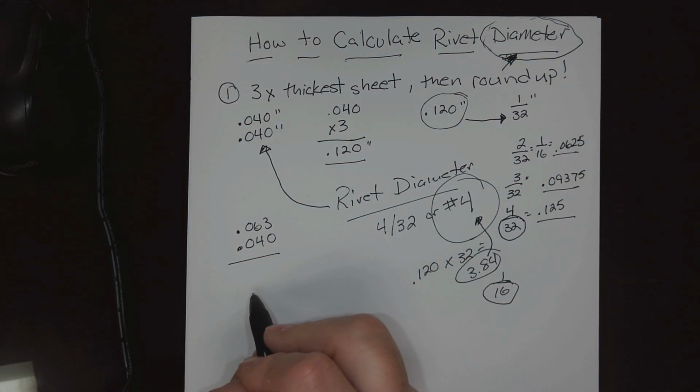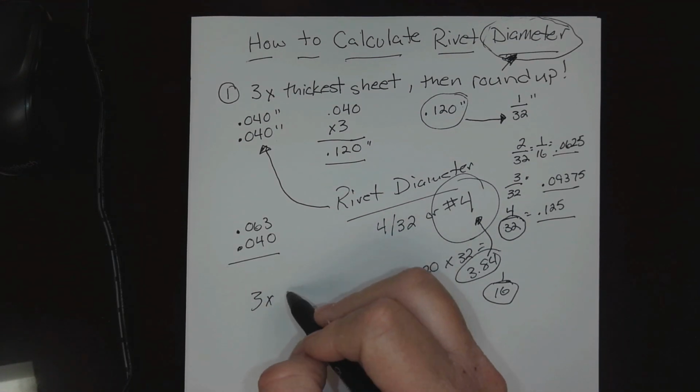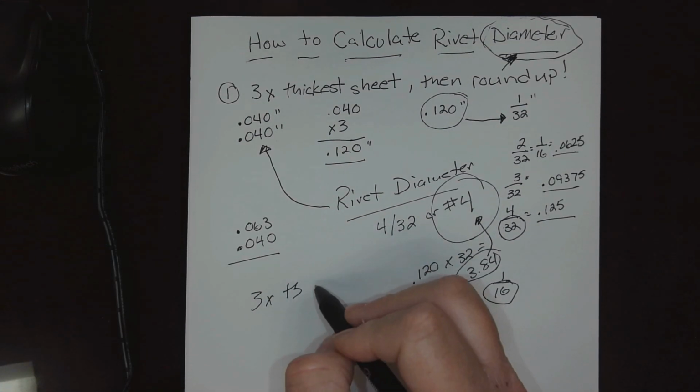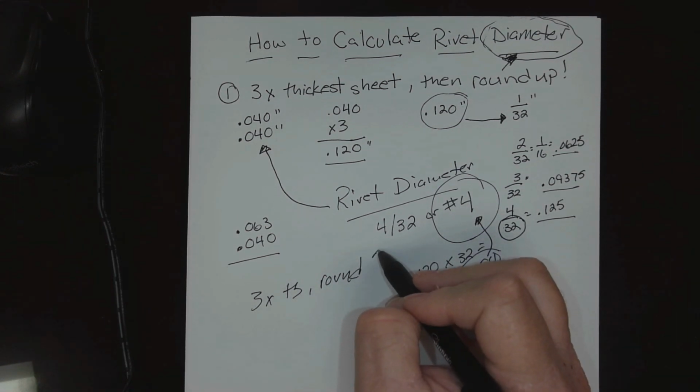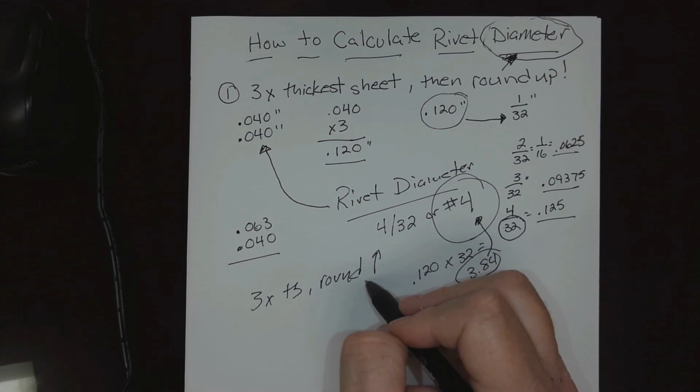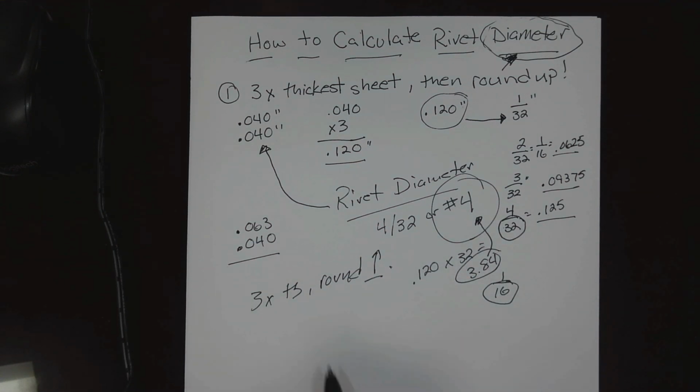Apply our rule, 3 times the thickest sheet, and then simply round up. Practice that with this, and we'll cover plenty of these in class, but I think it'll help because maybe some extra practice will get you really tuned up.